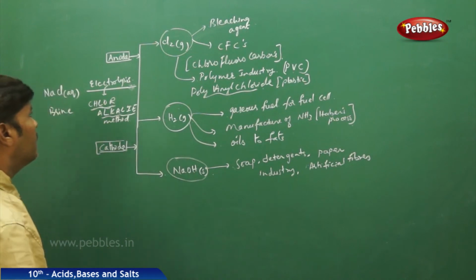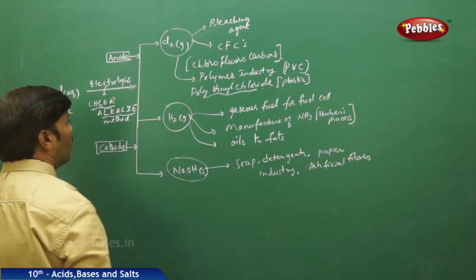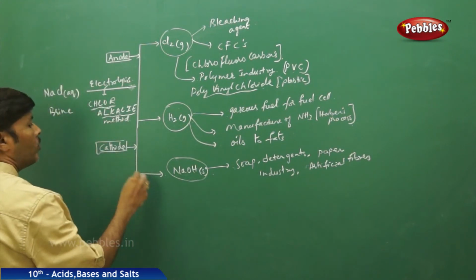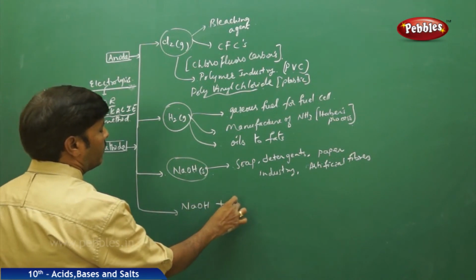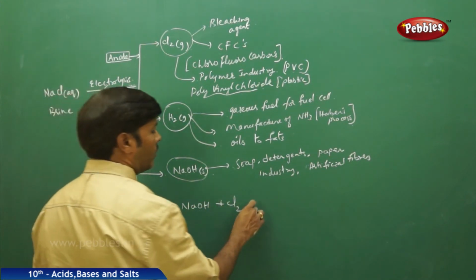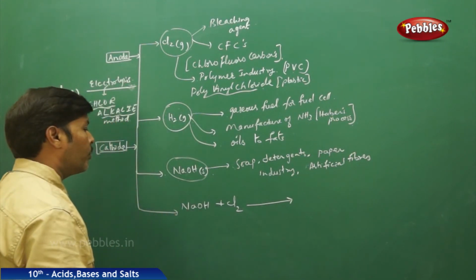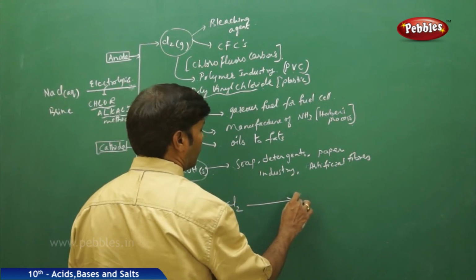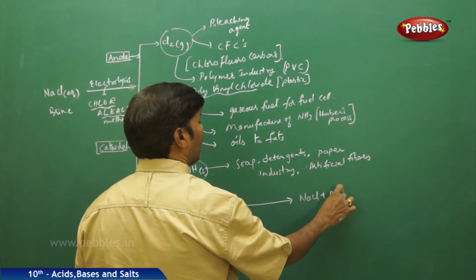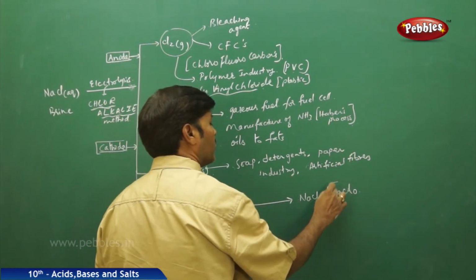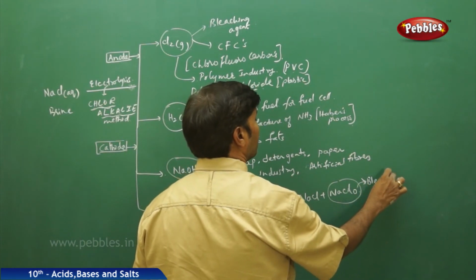If NaOH comes in contact with chlorine, a disproportionation reaction takes place and gives sodium chloride plus sodium hypochlorite. This sodium hypochlorite is used as a bleaching agent.